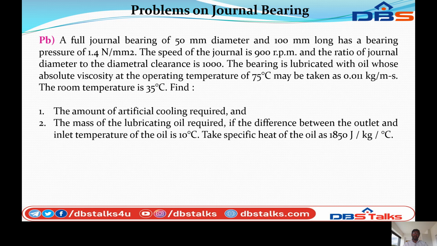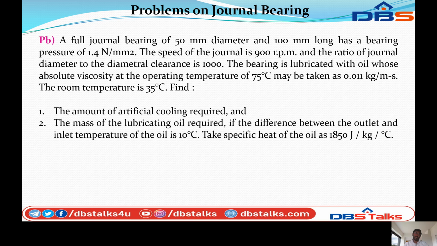The room temperature is 35 degrees centigrade. Find the amount of artificial cooling required and the mass of the lubricating oil required, if the difference between the outlet and inlet temperature of the oil is 10 degrees centigrade. Take specific heat of the oil as 1850 joule per kg per degree centigrade. So this is the problem.